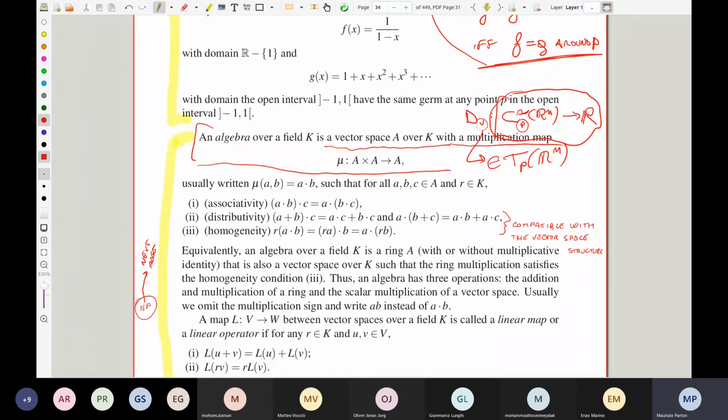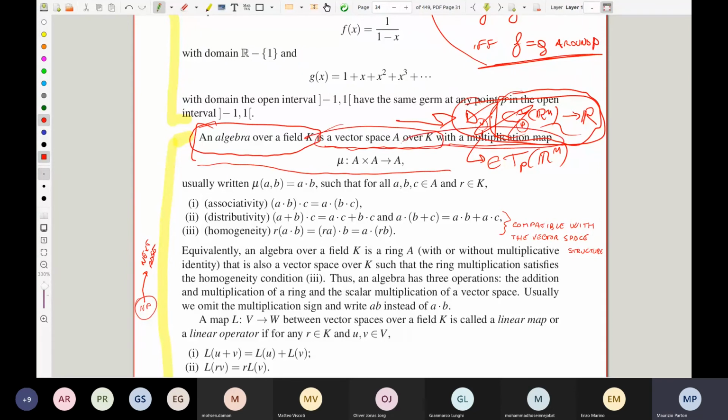And since I'm interested in a set with this structure, I will ask myself, are there properties of this kind of spaces, not only this one that I'm studying, that I could use to study this particular instance of the structure? And so, first thing, you give it a name. I will call this an algebra. An algebra is a vector space over a field with a multiplication map.